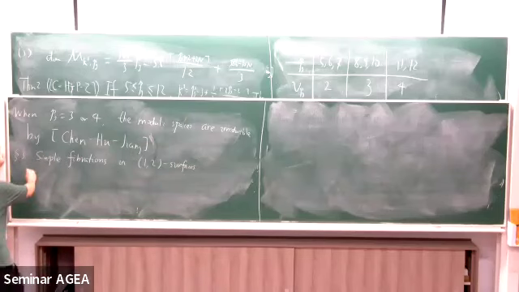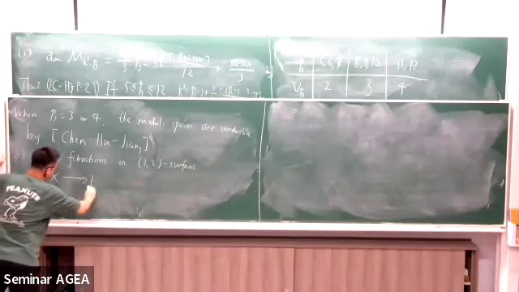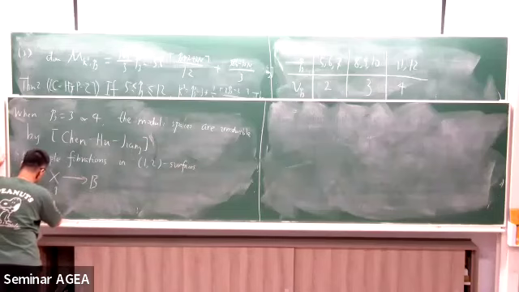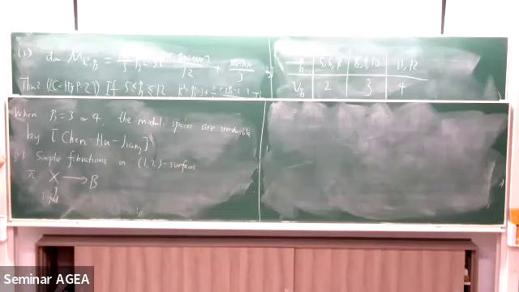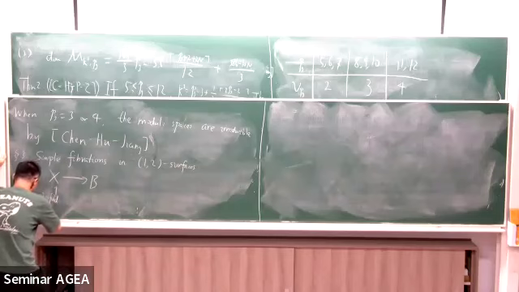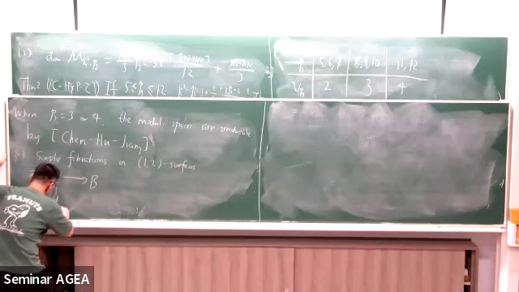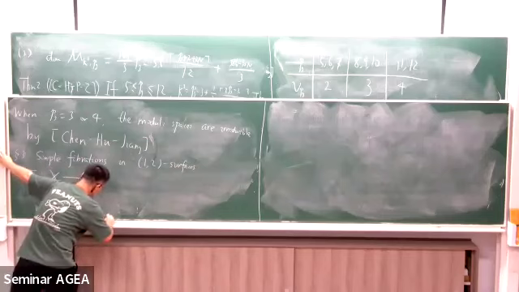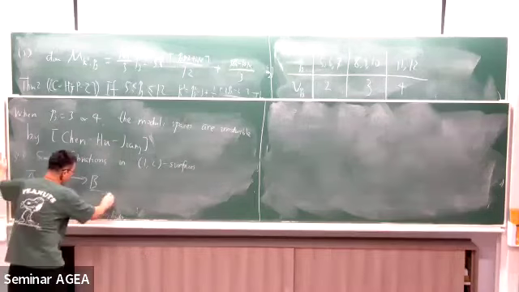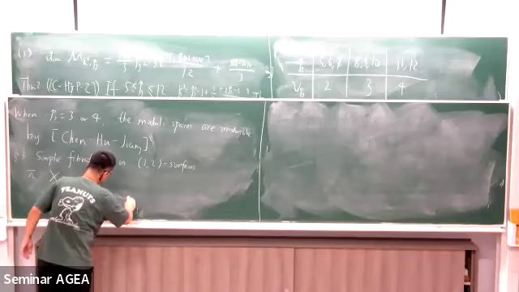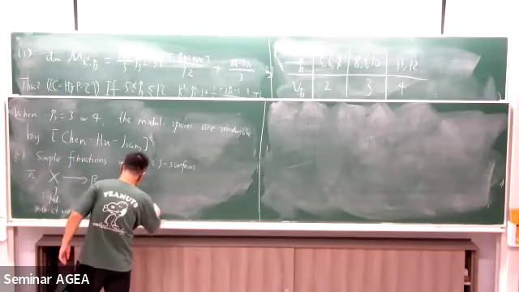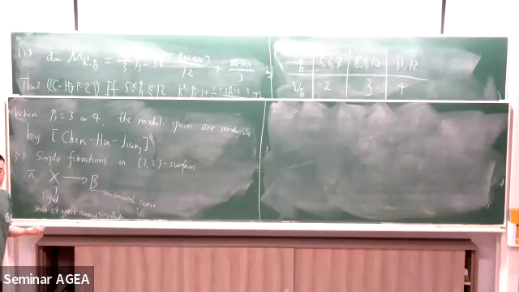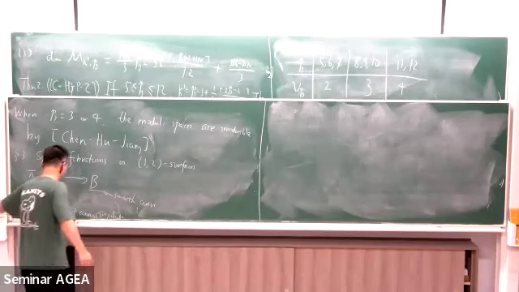This is a fibration such that X is just a threefold with at worst canonical singularities, and B is a smooth curve. Pi is a fibration, so all the fibers are connected.